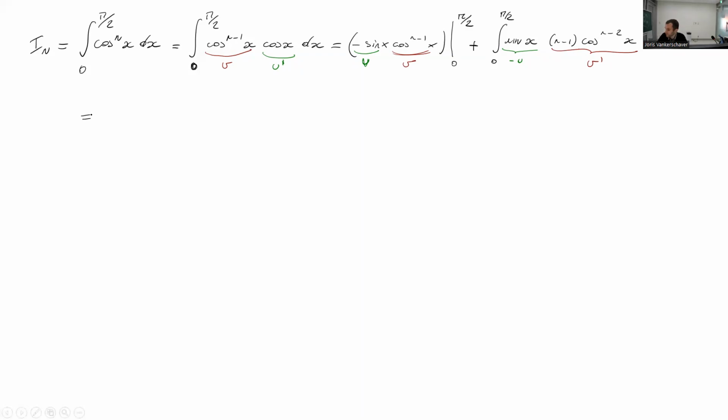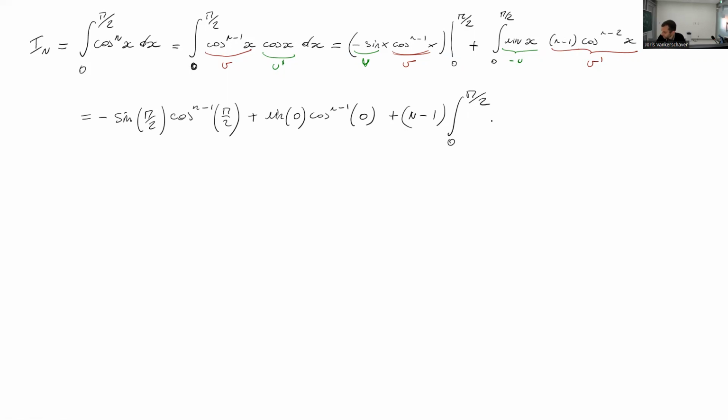Let's clean it up. Let's substitute the bounds. So we get minus sine pi over 2 cosine to the n minus 1 pi over 2 plus sine 0 cosine to the n minus 1 of 0, and then plus, I get a constant n minus 1, so I'm going to take that out: n minus 1 integral 0 to pi over 2 cosine to the n minus 2 x sine x dx.